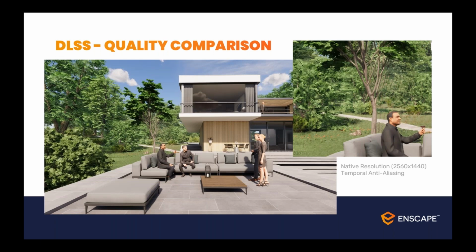Overall, the image quality is quite good. We have a sharp result. We have good anti-aliasing. The edges, for example, of the building are anti-aliased quite well. However, this is a particularly difficult scene for conventional temporal anti-aliasing because we have a rather fast camera movement to the right, if you remember.